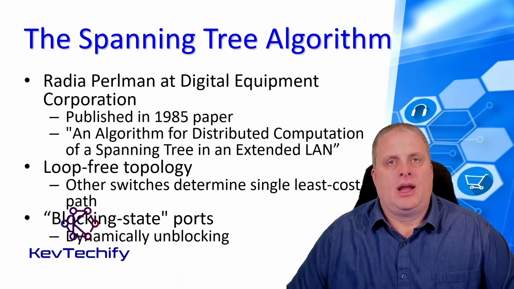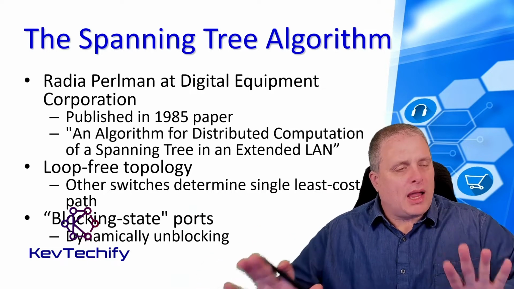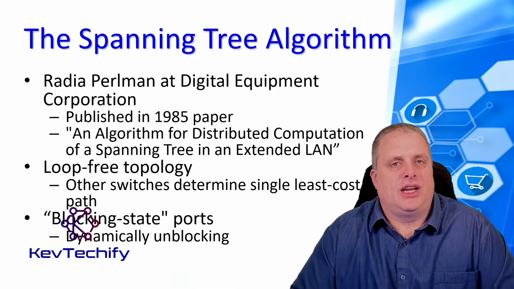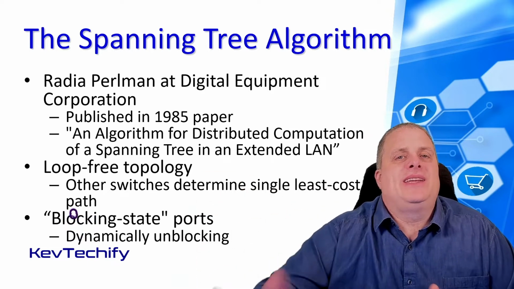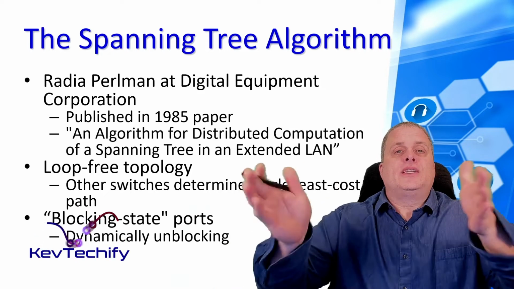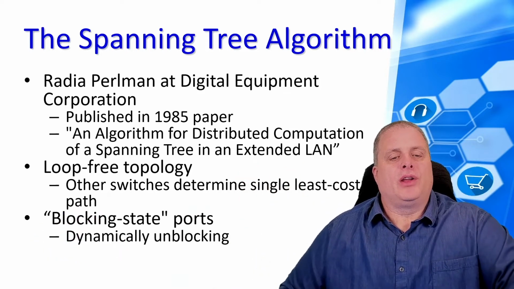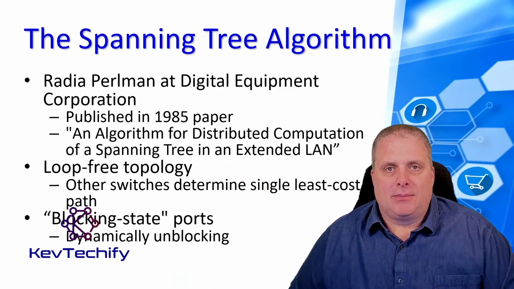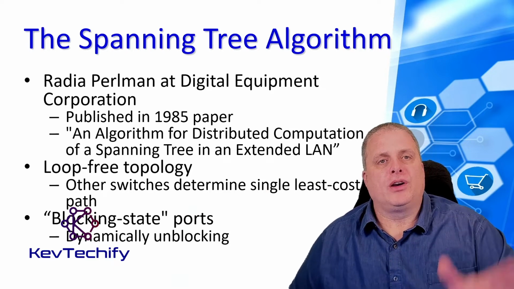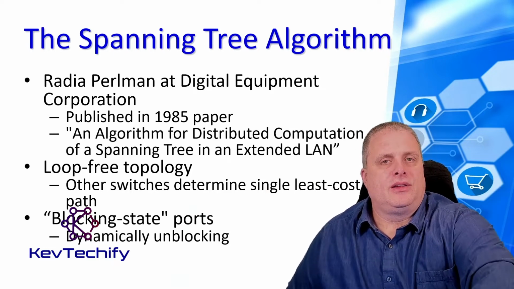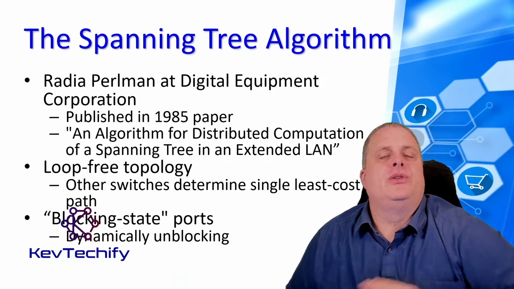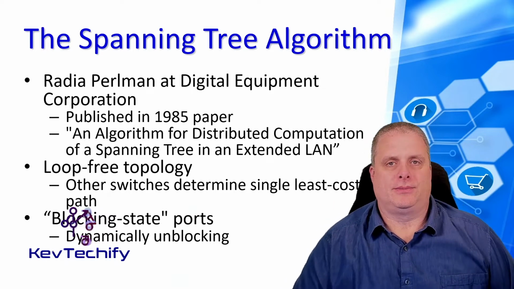Once we have these ports blocking, we have the best path to our destination. But if that path for some reason gets interrupted, then these blocking ports can come out of their blocking state by themselves, recover, and we can give a good path to the destination for our information.